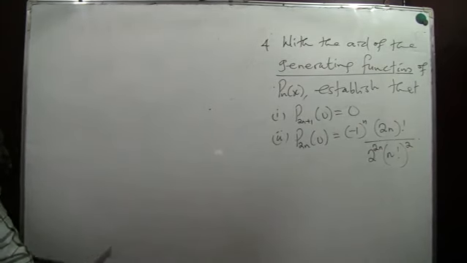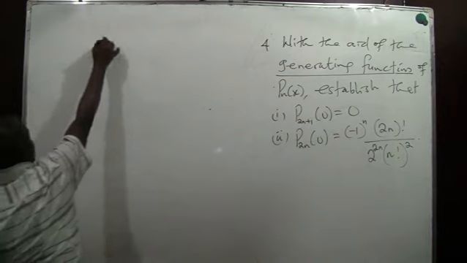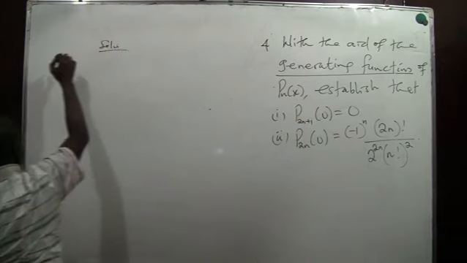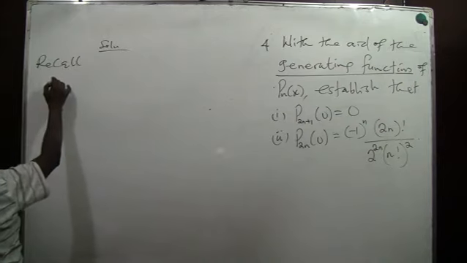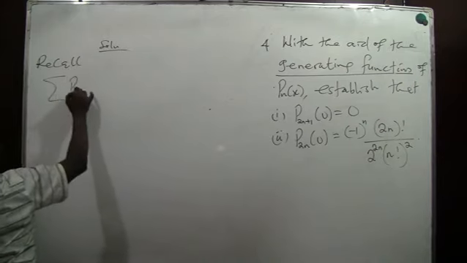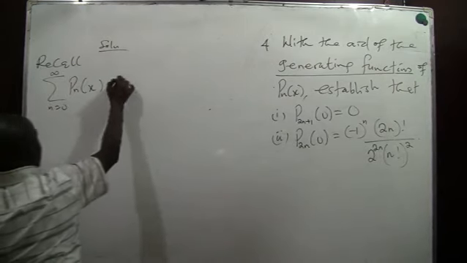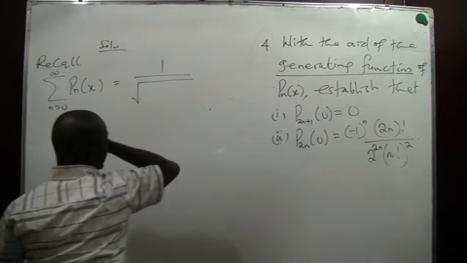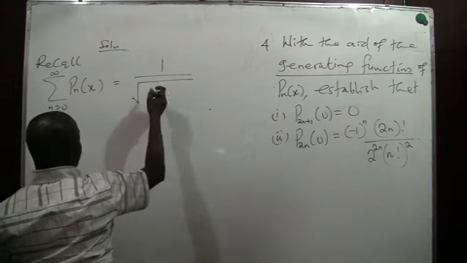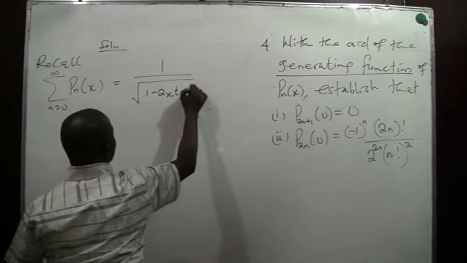Now, let us recall our generating function. Solution. Recall that the summation of Pn of x, n from 0 to infinity, is the same thing as 1 divided by the square root of 1 minus 2xt plus t squared.